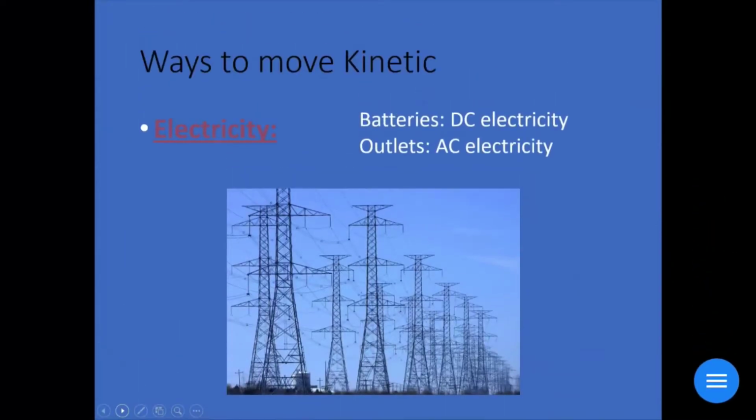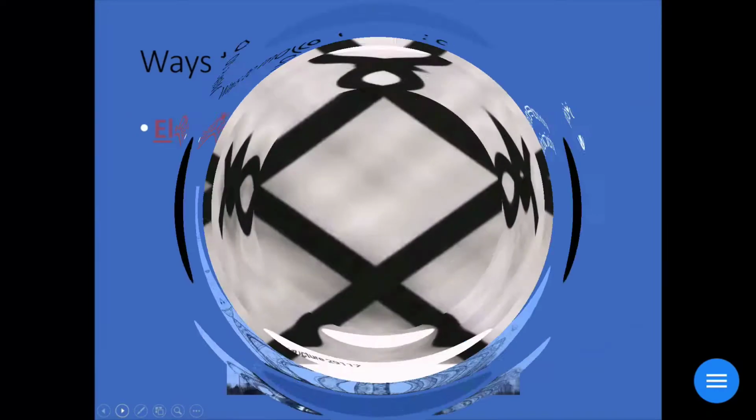Of course, motors could run on batteries, which would be DC electricity, or outlets, which use AC, alternating current electricity, versus direct current.